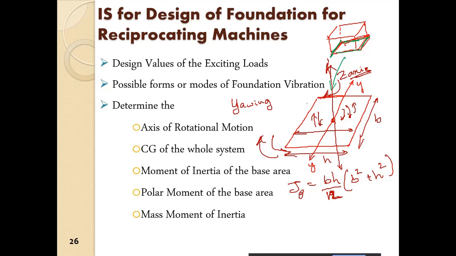This is the polar moment of inertia about the z-axis passing through the CG of the area, the polar moment of the base area. Then the moment of area of the base area about this axis we have already discussed.